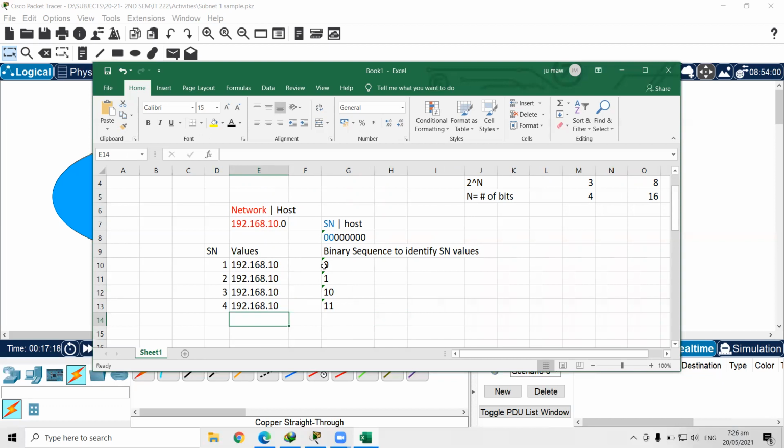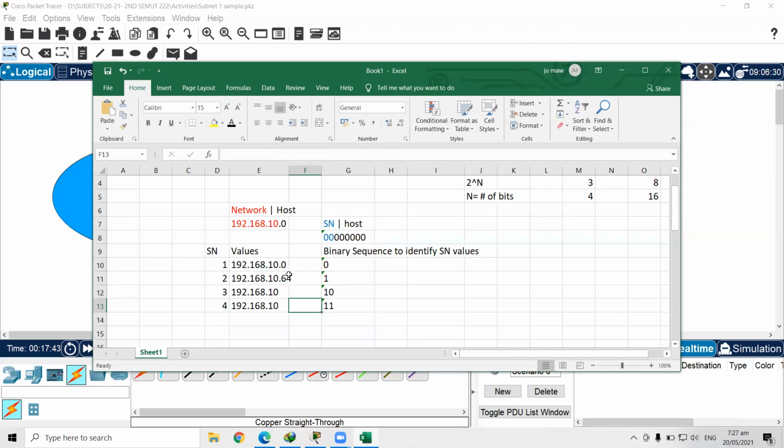Ngayon, anong magiging value ng first subnet? So, of course, 0 to siya. Next, anong magiging value ni 1? Ang magiging value ni 1 is 64. So, 10.64. Add mo na lang siya sa network portion.